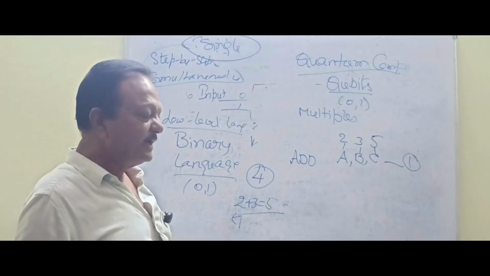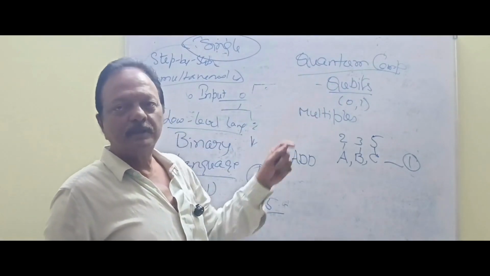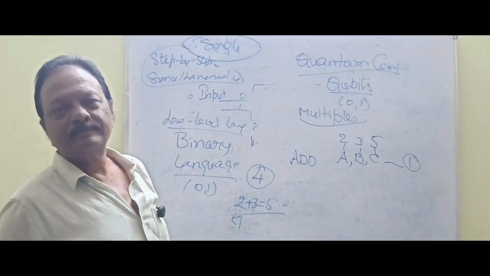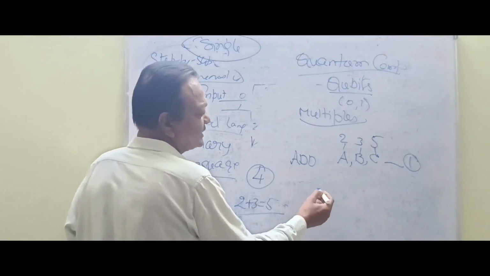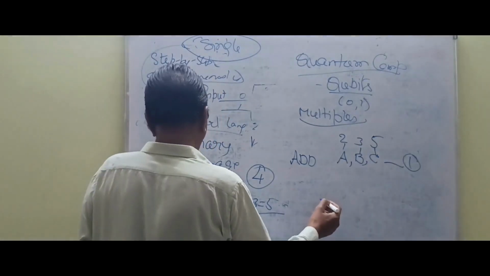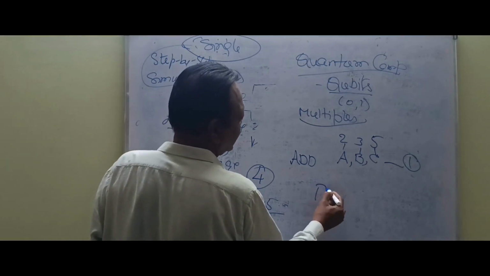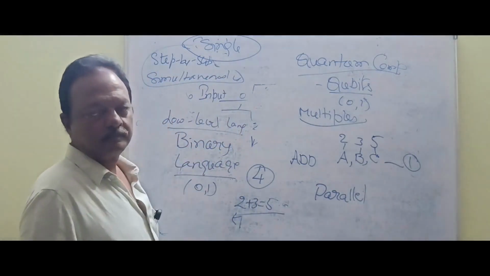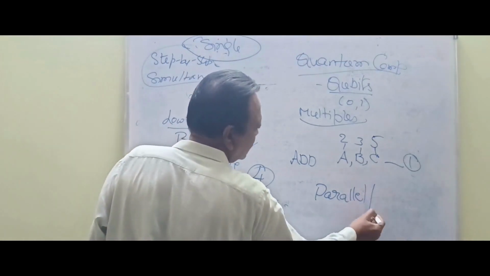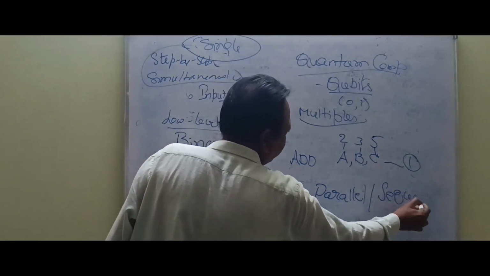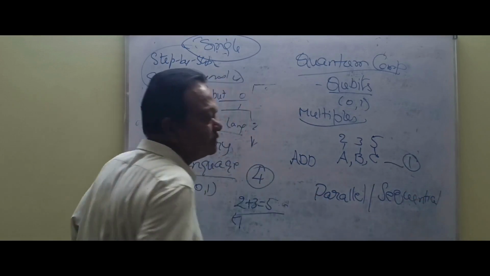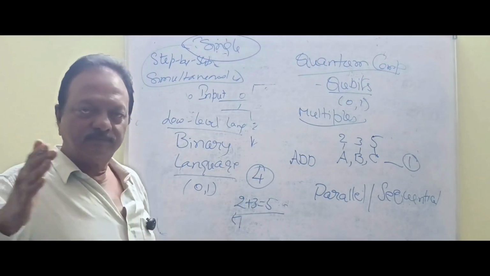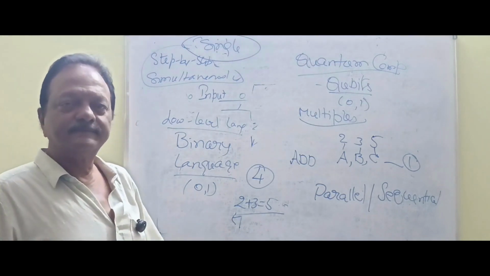So the main concept here is single, step by step or simultaneous process. A quantum computer uses qubits, takes multiple values, and will process in parallel or sequential, meaning all processes will go at a time.